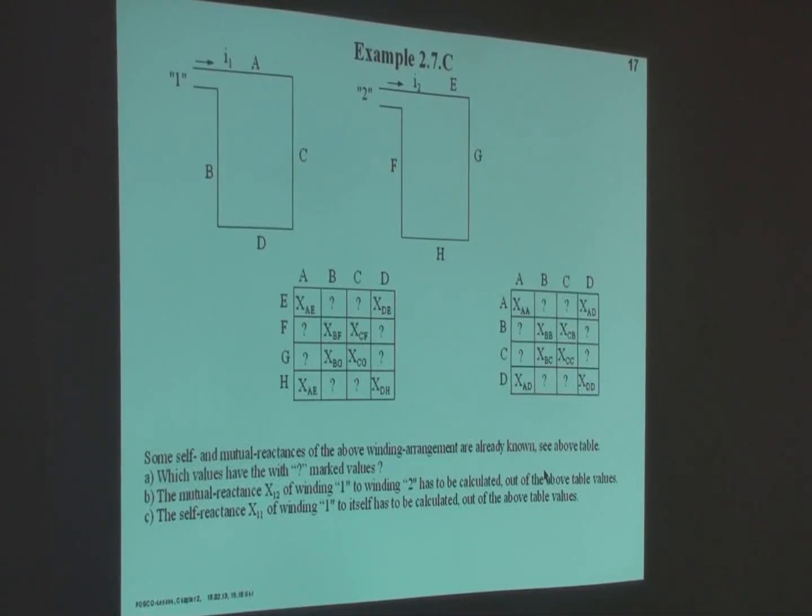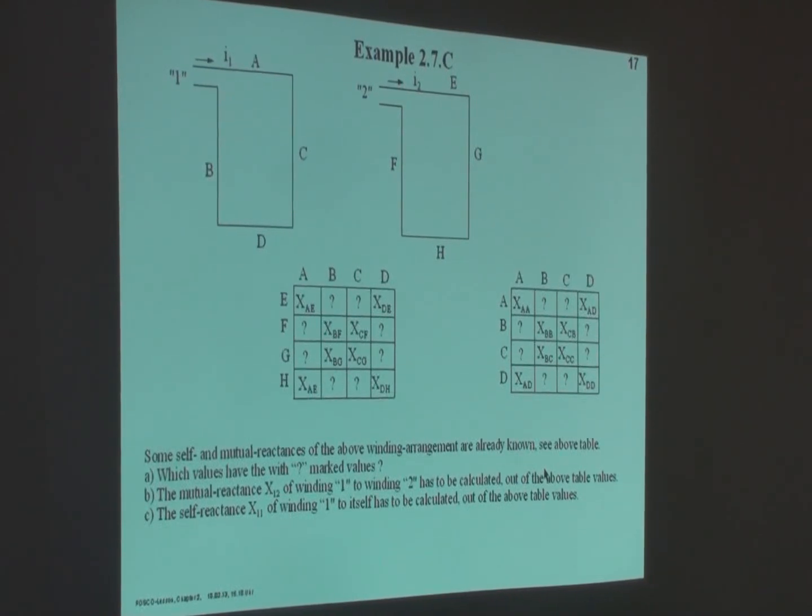So, easier to understand, normally 1 to 2. x12, we have already done, but we have to do it again.